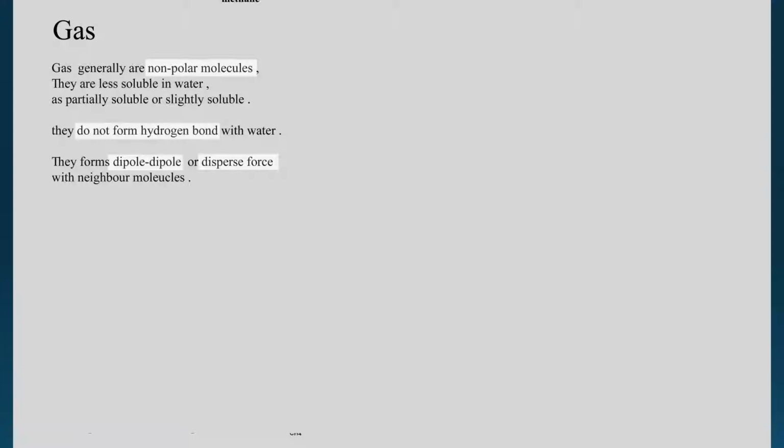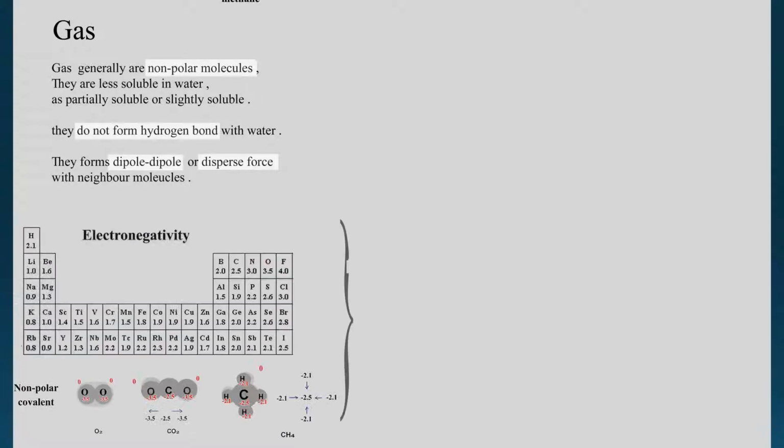So now let's explain. Electronegativities. What does a non-polar molecule mean? They are symmetric, and this symmetry makes the electrons evenly distributed.